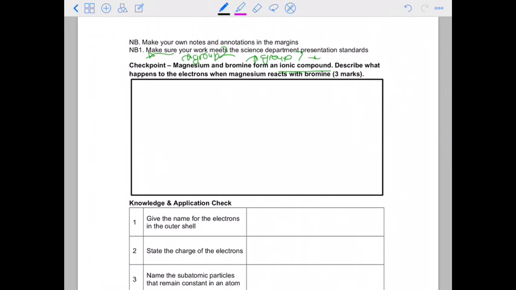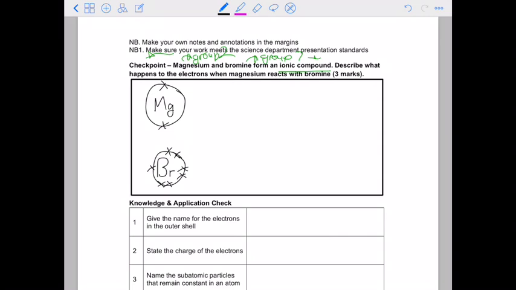So hopefully you've seen that magnesium is in group 2. So I have a magnesium atom, and it will have 2 electrons in the outer shell. I'm only drawing the outer shell just to keep it simple here. And bromine is in group 7, so it will have 7 electrons in its outer shell.